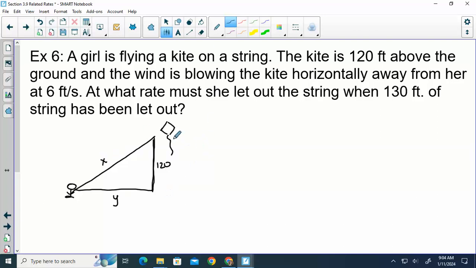So here's what we have. One side's constant, so we went ahead and labeled it with a number. The other sides are changing, so they get variables. Now we need to figure out what all the numbers represent. It's blowing horizontally away at 6 feet per second. So which variable represents my horizontal? The y. And since it's feet per second, that is dy/dt.